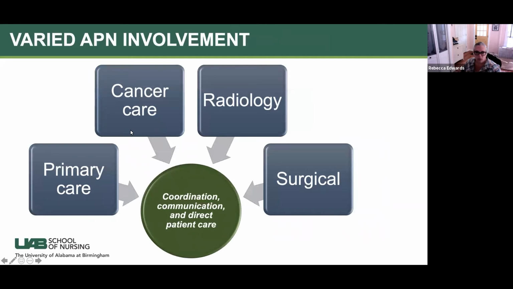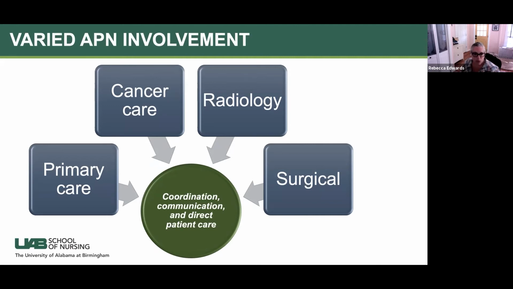So the advanced practice nurse involvement really is diverse. I would say that the role I would define as coordinating, communicating, and direct patient care in the green circle here. And that can be, from a primary care perspective, where the advanced practice nurse might be the person who's seeing a patient who has a potential new cancer diagnosis, or found the lump or bump on a physical exam, or noticed that something in the review of systems was not quite normal.